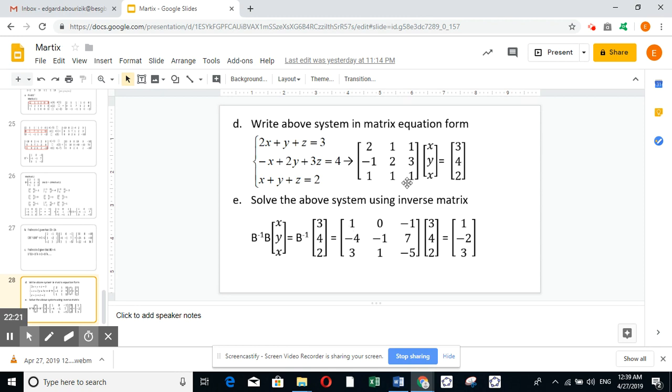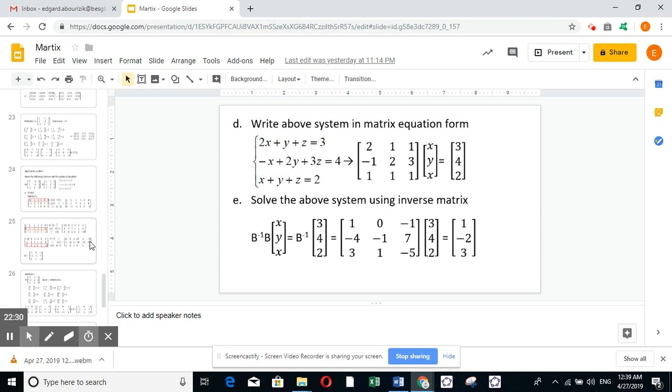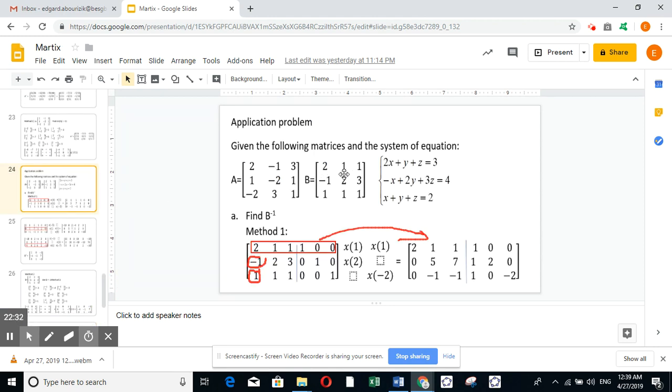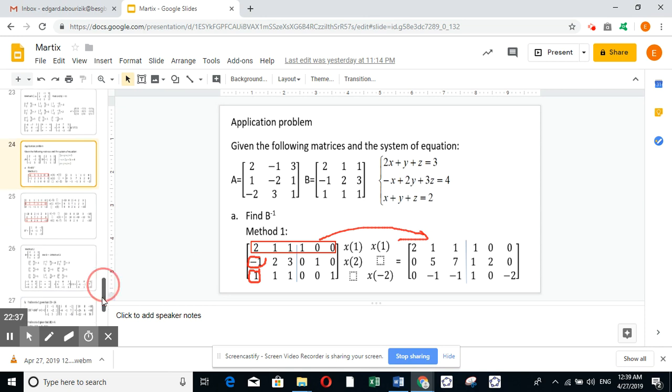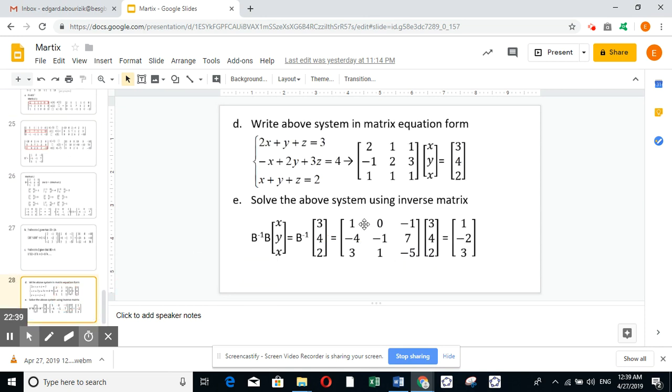Solve the above system using matrix. This is B, given to be matrix B that we found its inverse before. This was B: 2, 1, 1, minus 1, 2, 3, 1, 1, 1. So it's already B. So I need to get rid of this B to find XYZ.